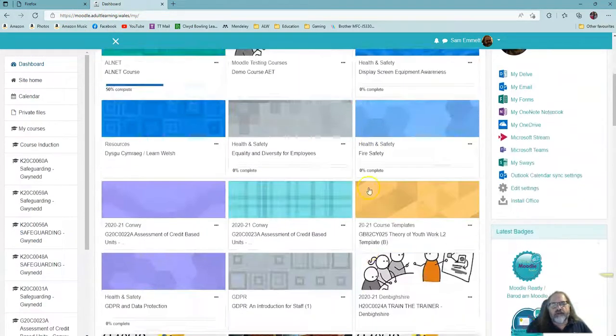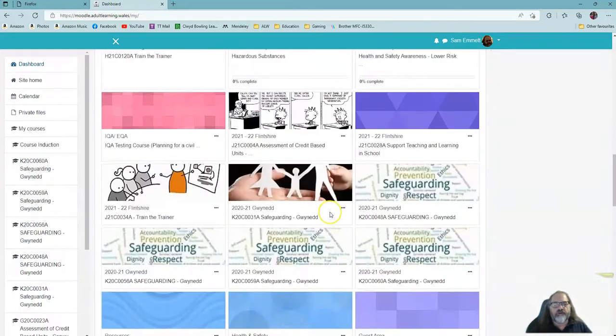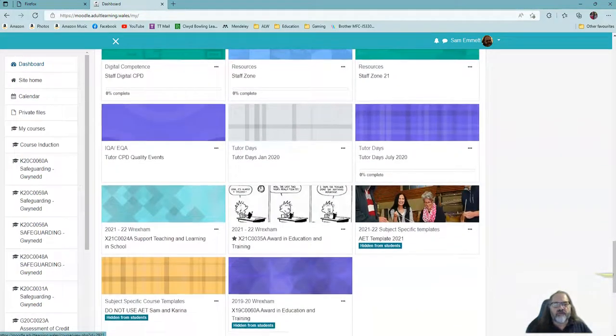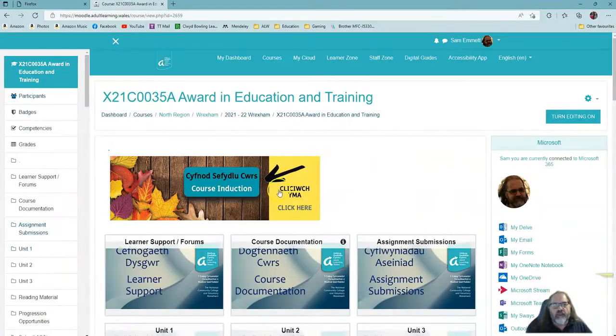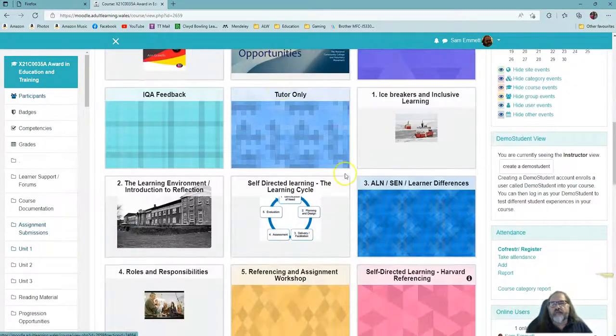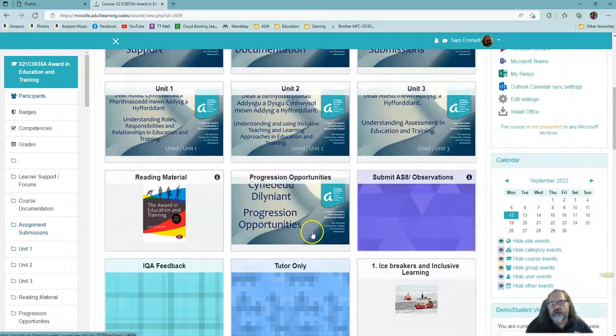I'll go through Moodle with you anyway, but there will also be certain areas. So the learning environment and introduction to reflection and learner differences and roles and responsibilities will also support Unit 1.